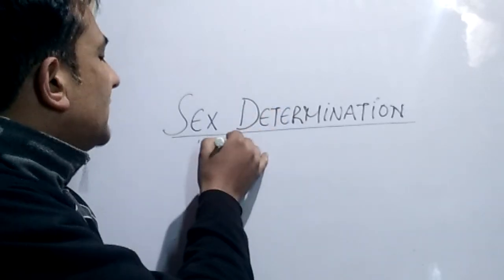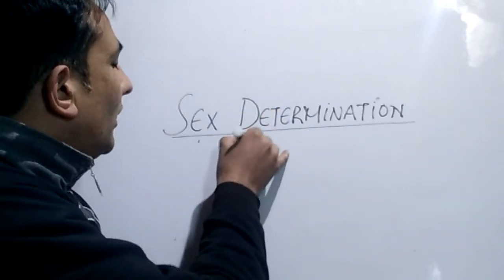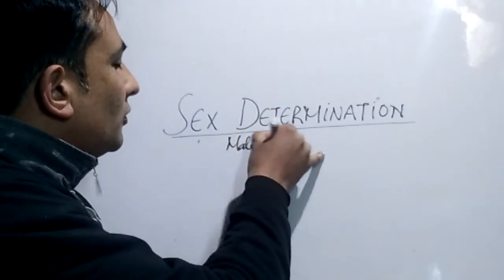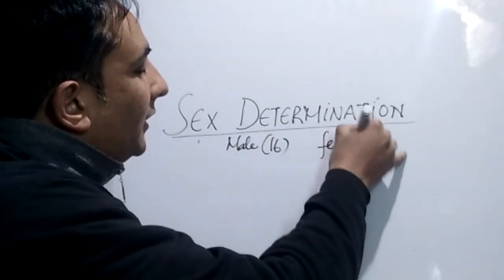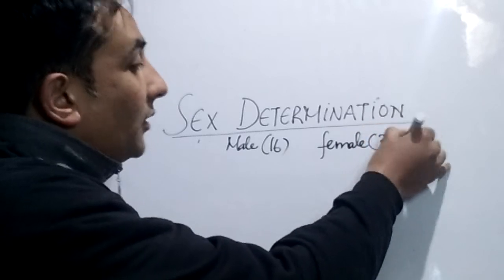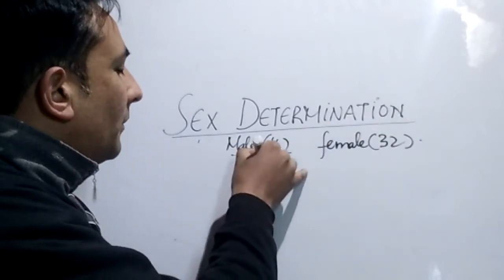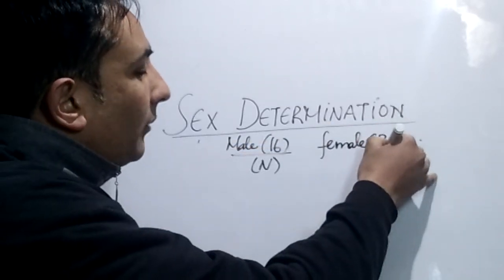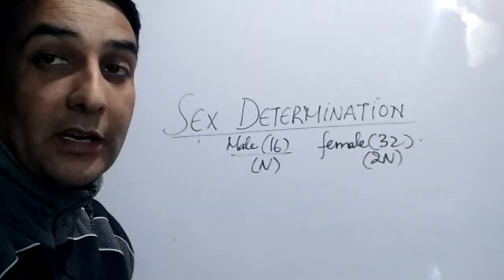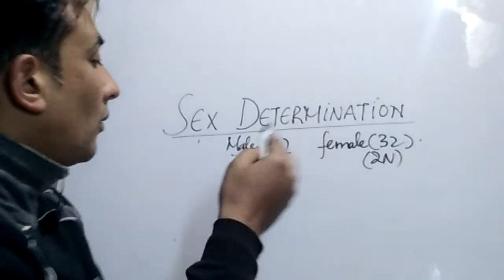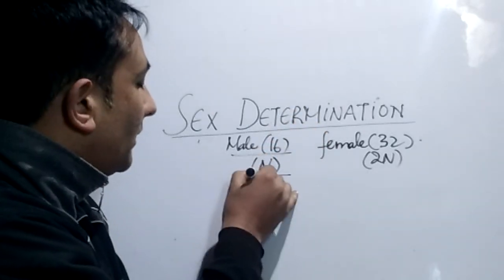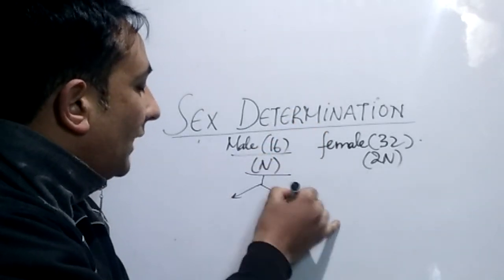Now I will say this is male honeybee with 16 chromosomes. This is female honeybee with 32 chromosomes. This is diploid number. This is haploid number. This is the haplodiploidy mechanism of sex determination. Now again I will say that the spermatozoa over here have been formed by the process of mitosis.